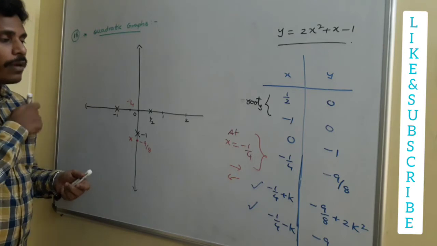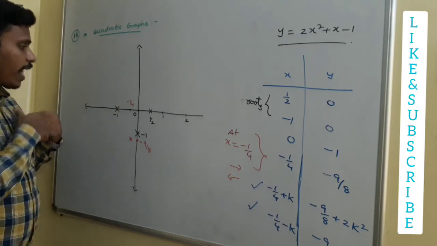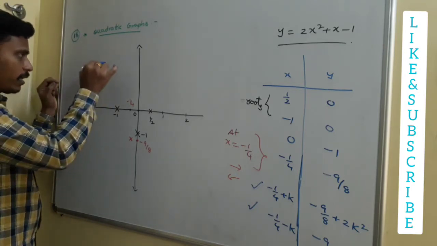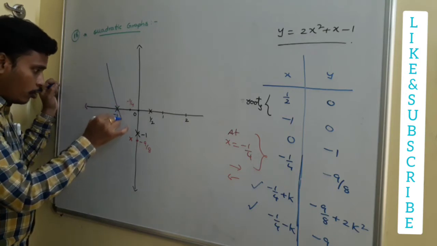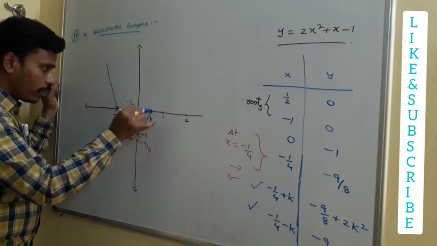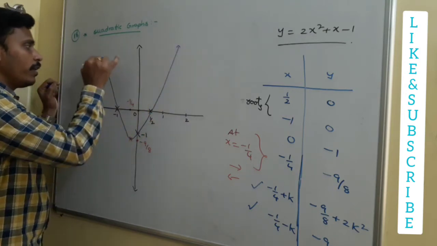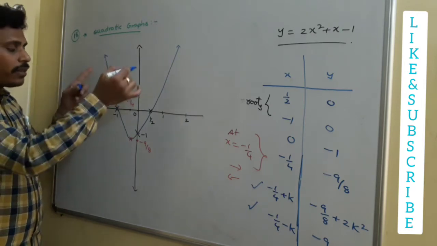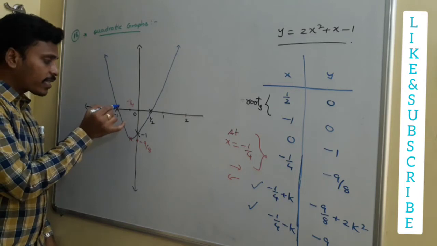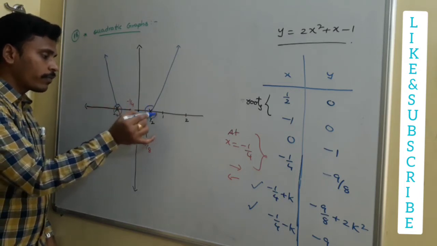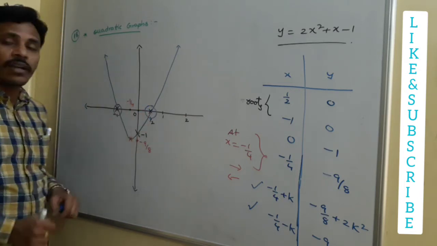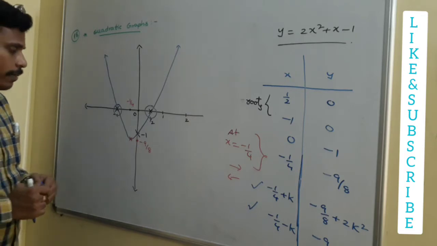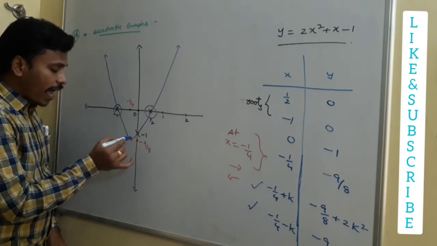With all these parameters, the graph of this quadratic expression will be like this. Since the values are the same from both sides, the graph will be a parabolic shape. This graph intersects the x-axis at 2 points, and those 2 points are nothing but the zeros. You need to identify that. And this graph has a turning point.